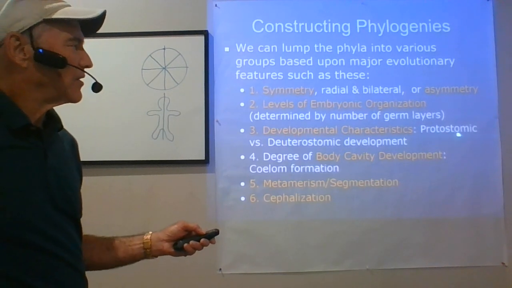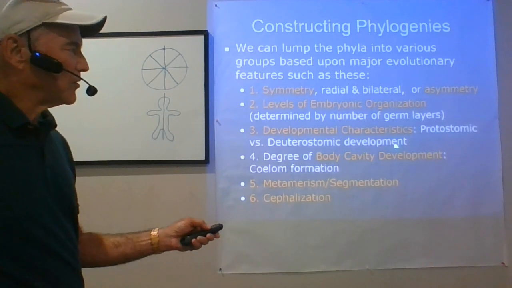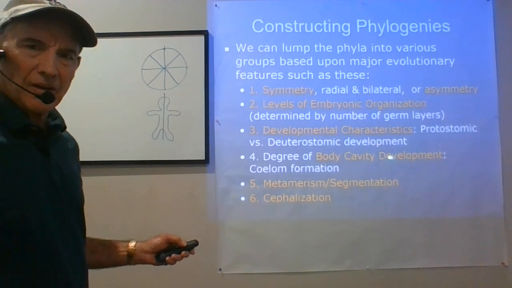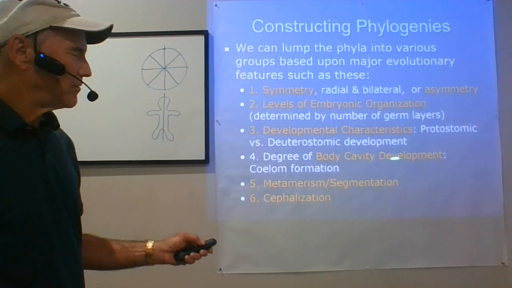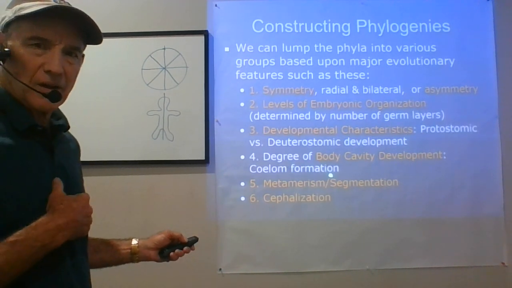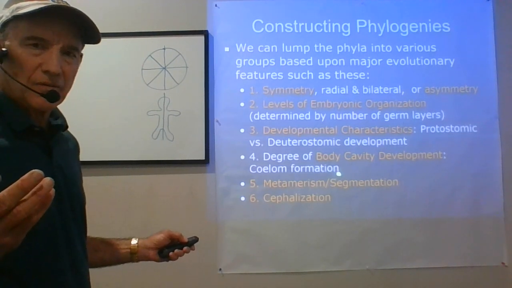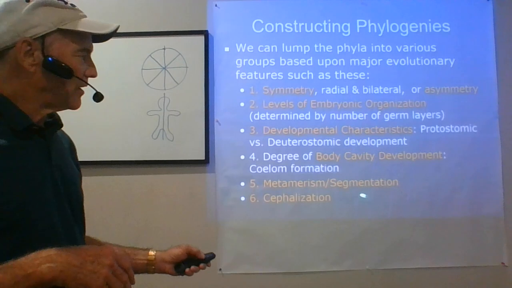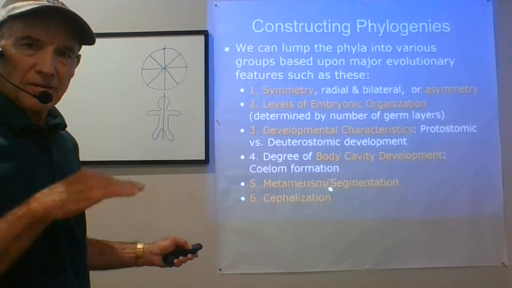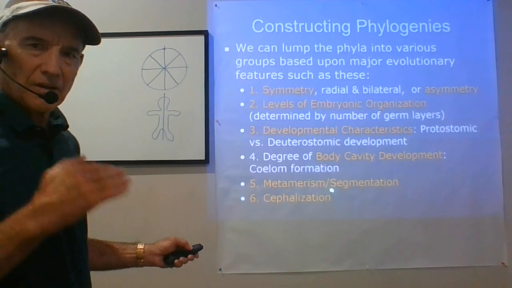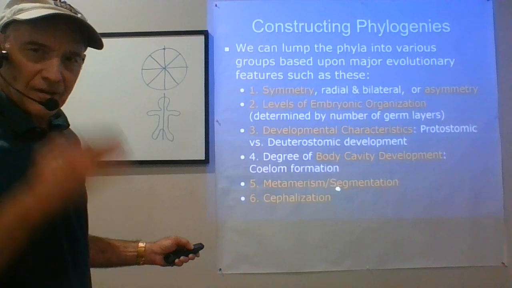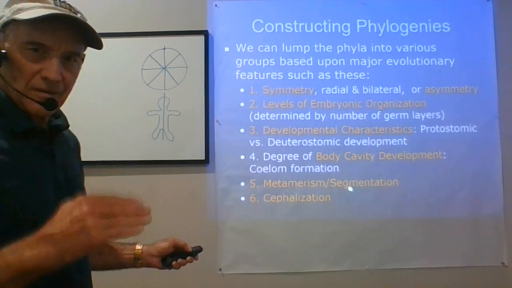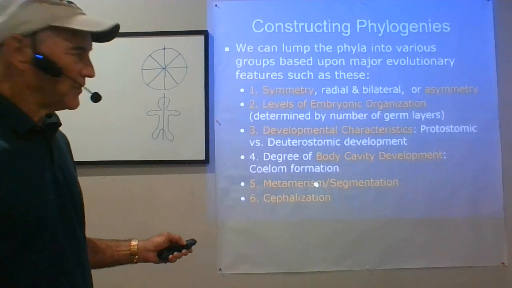Developmental characteristics, are they a protostome or a deuterostome? I'll explain that. How does the cavity inside them develop, where their organs are? They found that the cavities develop in different ways. Are they segmented, like a lobster's tail, or a worm, or not?